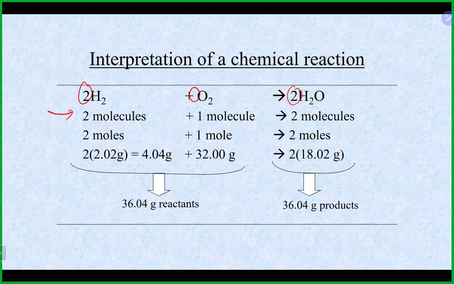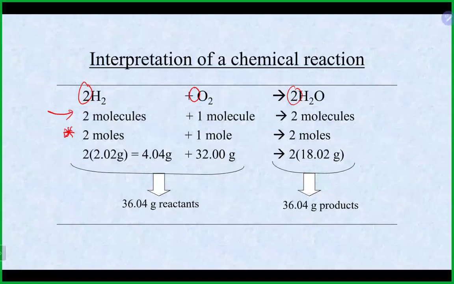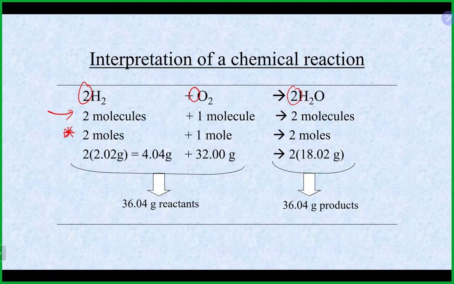Now, the relationship that we really use the most in stoichiometry is sometimes referred to as the mole-to-mole relationship. It also comes from the coefficients of the balanced equation. This is why, when you're doing these types of problems, the first thing you always do is make sure your equation is balanced, because if you do not have a balanced equation, you are going to have the wrong relationship and your calculation is going to be doomed from the beginning.